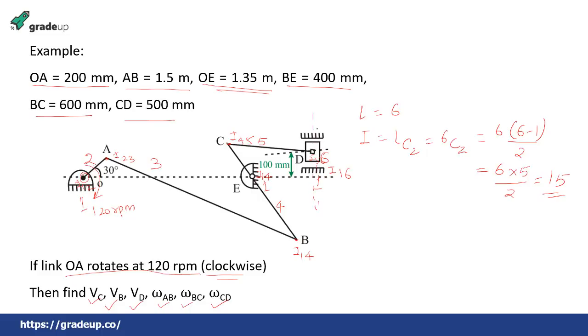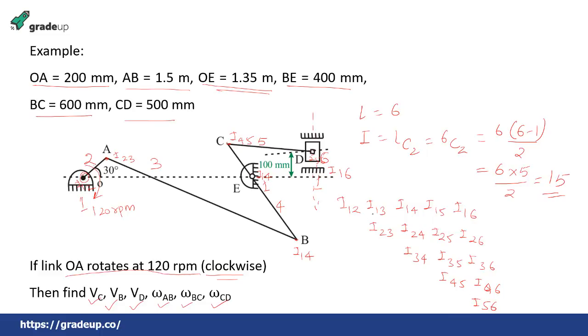Okay, this will be along this line, I16. Then we have to find that. So see what are the links possible: I12, I13, I14, I15, I16, I23, I24, I25, I26, I34, I35, I36, I45, I46, I56.